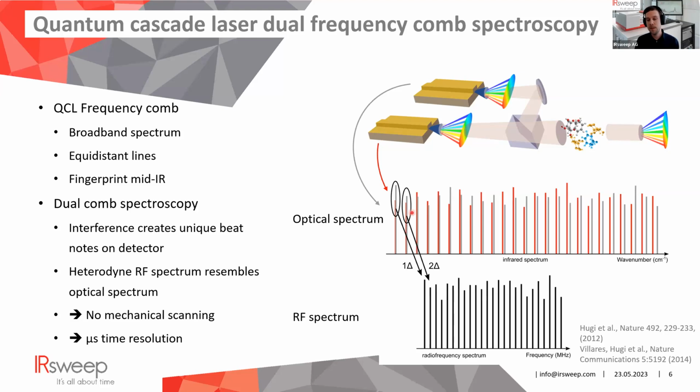And if you look at the spectra of these two combs, you see that the difference frequency will be different for each pair of comb modes. And therefore, we get a unique mapping from the optical spectrum to the radio frequency spectrum that we see if we take a Fourier transform of our time domain signal on the detector. And therefore, we need no interferometer, no other scanning type thing in our spectrometers. And this is why we can achieve the 1 microsecond time resolution with our instruments.